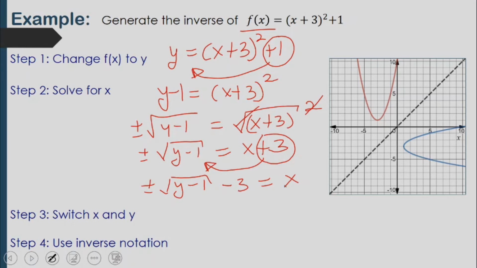So all we now need to do in step 3 is to switch the x and the y. We are not changing the equation, we are just switching the x and the y. Wherever you see the y, you change it to x. So this is going to become plus or minus the square root of x - 1, minus 3, equals y. So this is now the equation of the inverse.